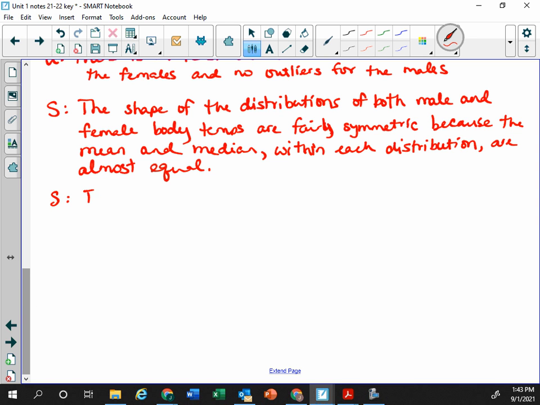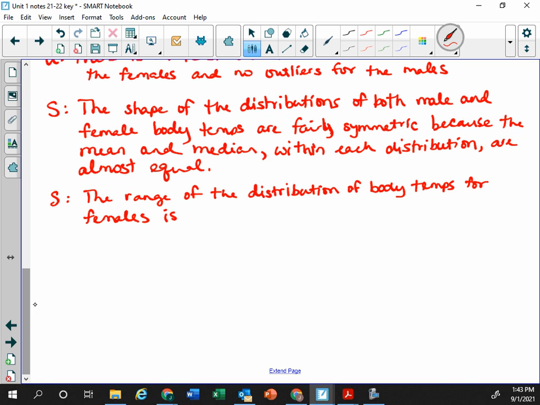So I would say the range of the distribution of body temps for females is, I think it's 3.6 degrees, yeah. Again, that's just maximum minus minimum.